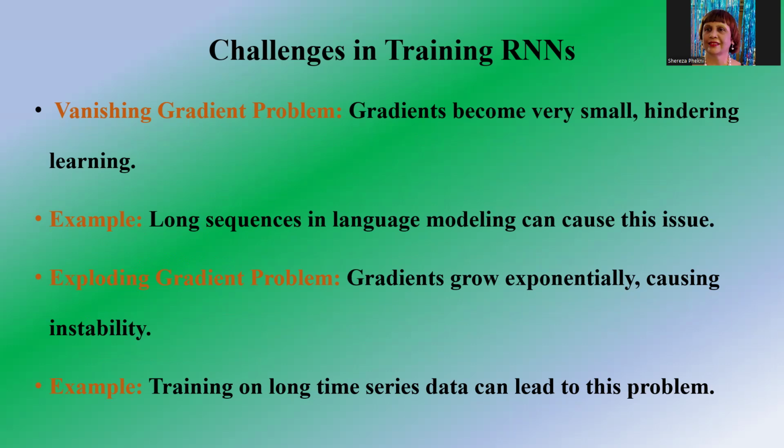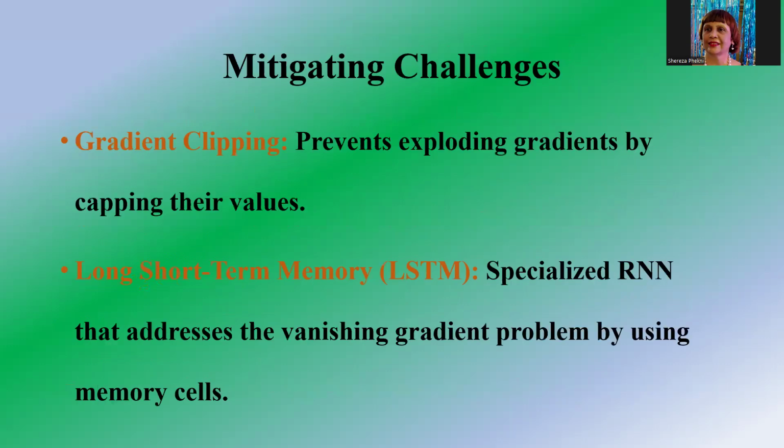An example is that long sequences in language modeling can cause this issue. The other is the exploding gradient problem, where gradients grow exponentially, causing instability. An example is that training on long time series data can lead to this problem.